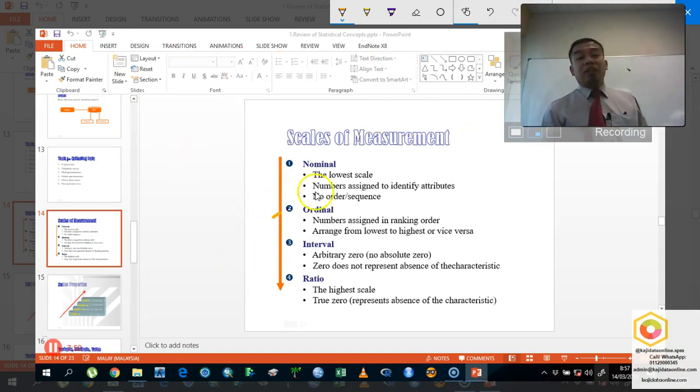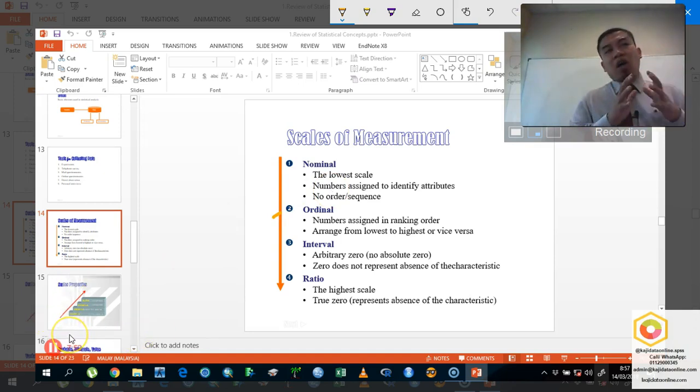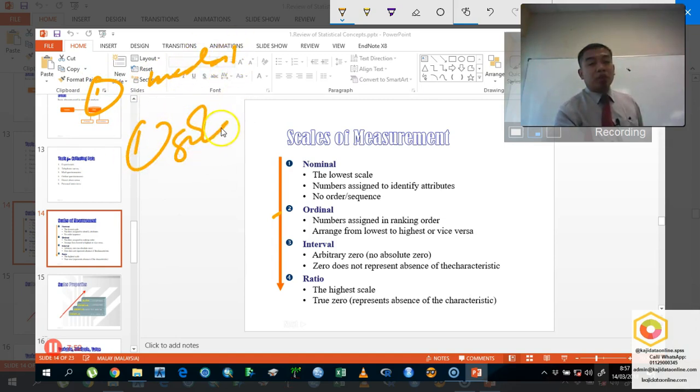Okay. The next one is the ordinal. Ordinal data is similar but not so similar to the nominal, because ordinal data contains order. Contains what? Order. The ranking order. The order list. For example, if you are talking about medals, the first one will get gold, correct or not?